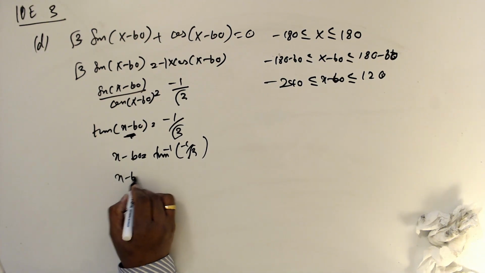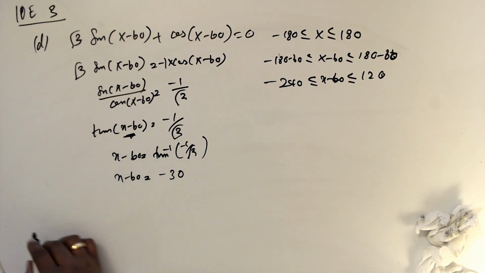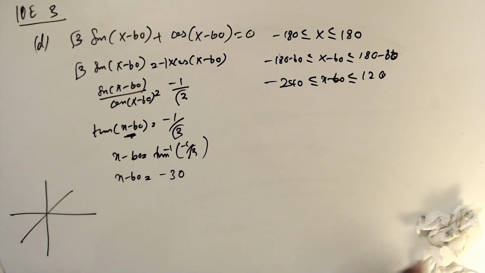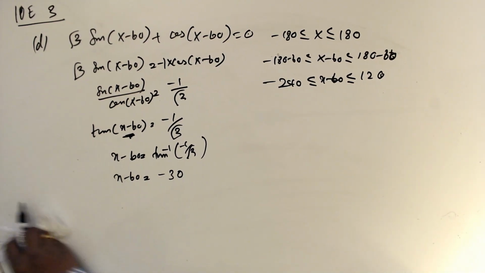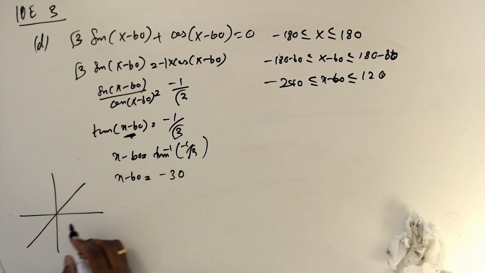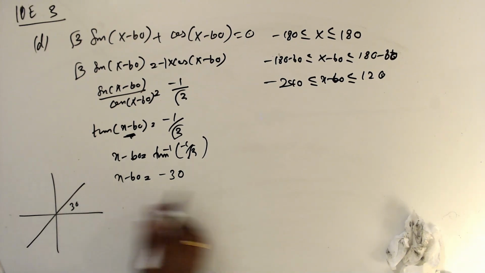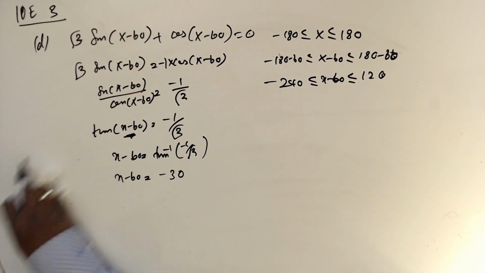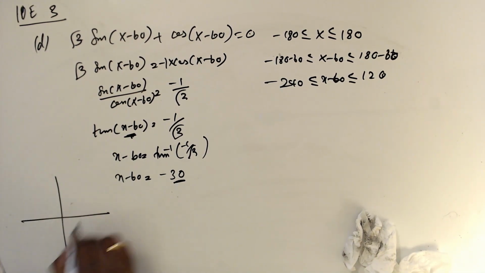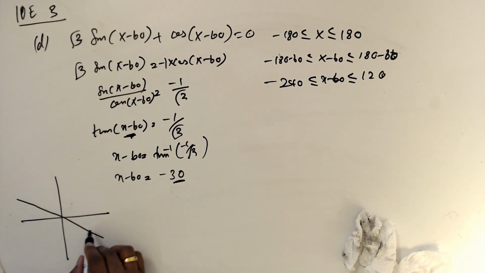Now x − 60 equals −30. This angle is acute and tan value is negative; tan is negative in the second and fourth quadrant.